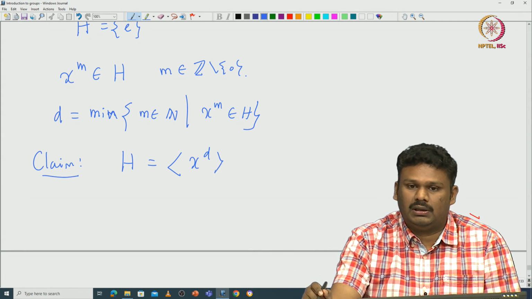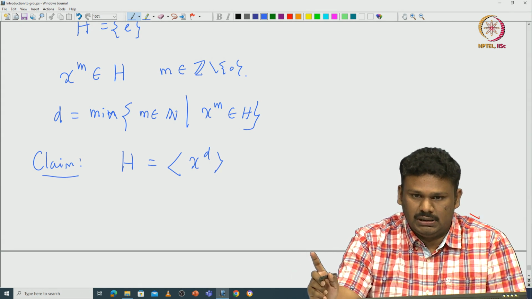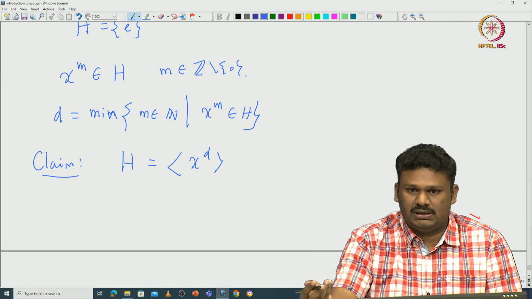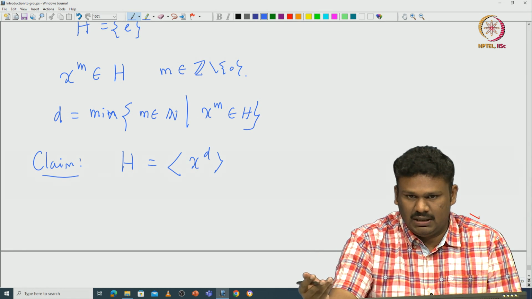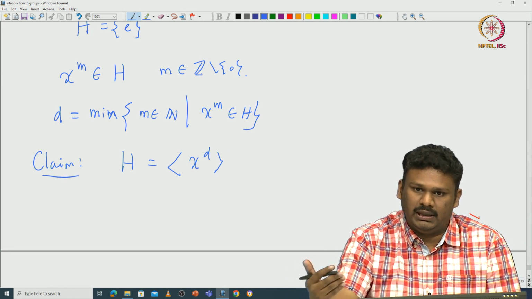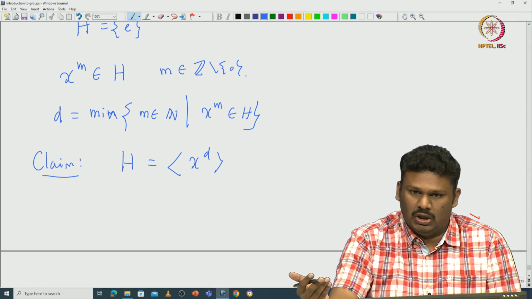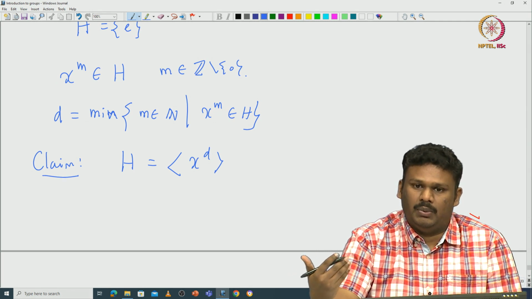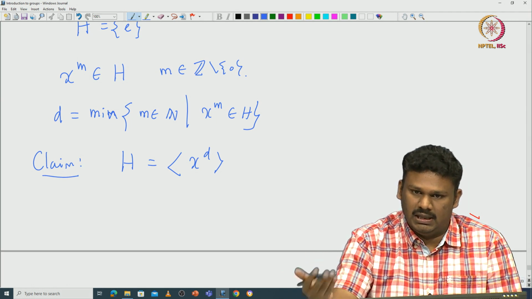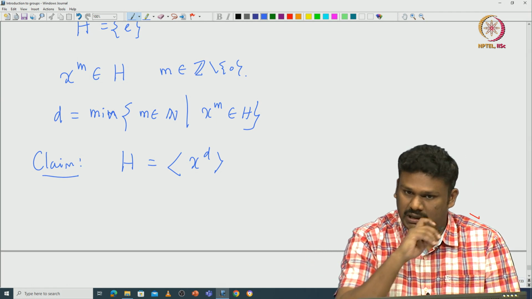If you think about it, this is what we did even for integers. You start with a subgroup H. If it is trivial, there is nothing to prove. If it is non-trivial, we proved that it will have non-trivial intersection with positive integers. Then you take the smallest positive integer that lies there, and we proved that it actually generates.